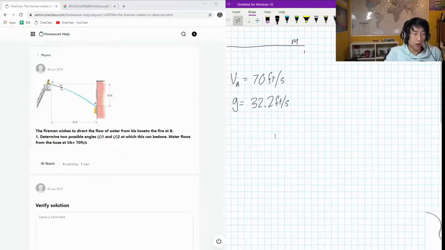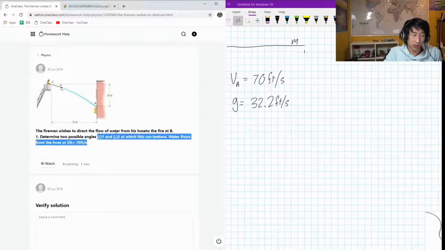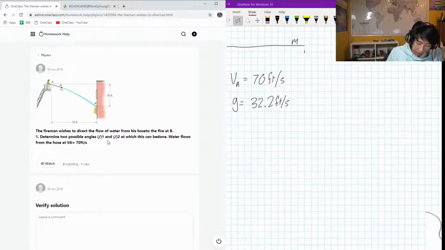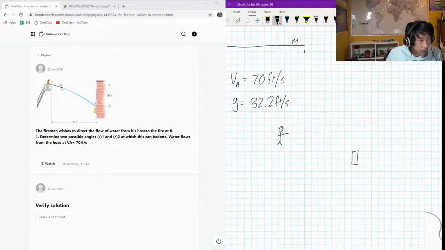Okay, so the question says that there are two possible angles at which this can be done. Let me describe what would be happening in those two different situations. Here we have our fire person with a hose, and we have a target here. We have 20 feet, not 20 meters, of vertical distance between them.